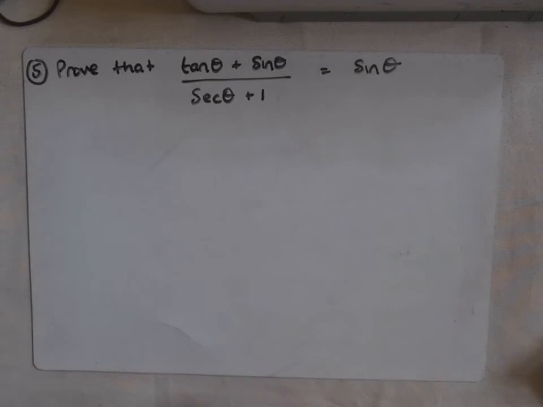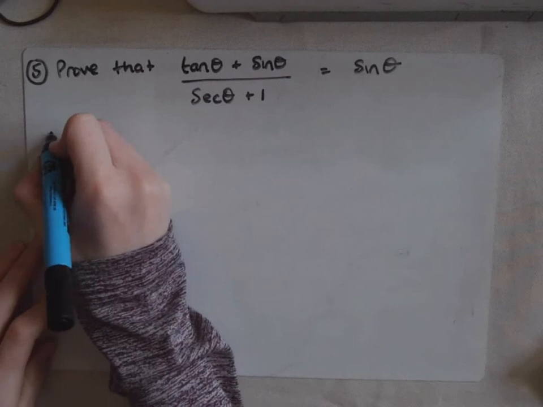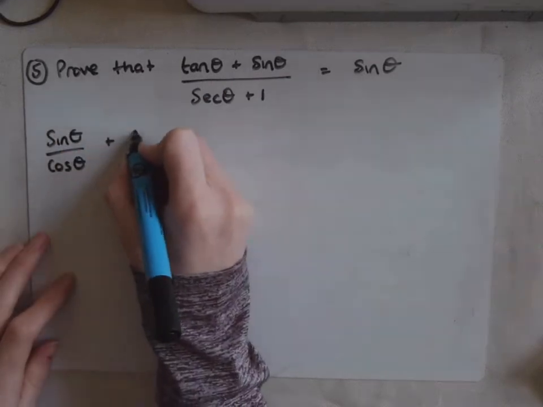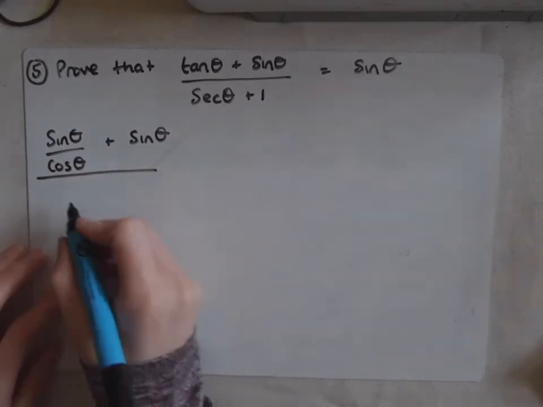So let's just replace whatever we can. So, tan is sine over cos. And sec is 1 over cos.